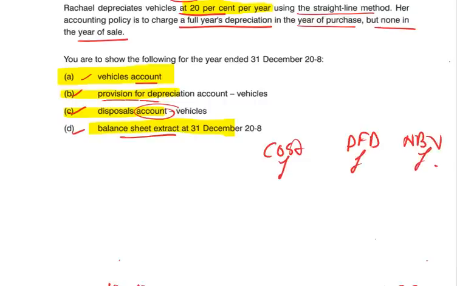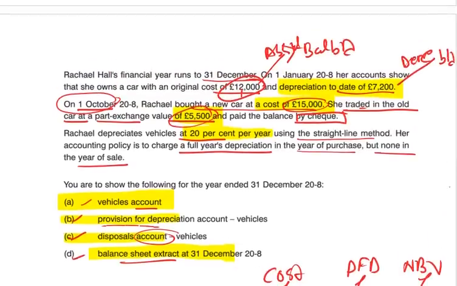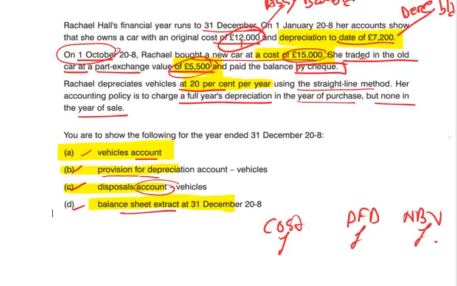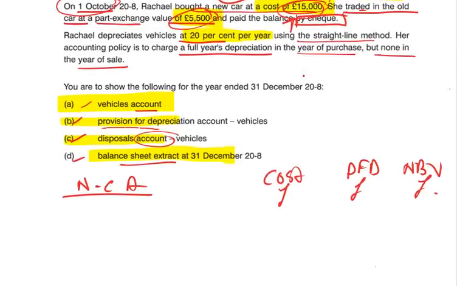Now, you know, we sold the old asset. The sold asset should not be in your balance sheet at all. And these 3 items go into the non-current assets, don't they? But those 12,000 is gone. This 15,000 came in. That's what you're going to write in your balance sheet.